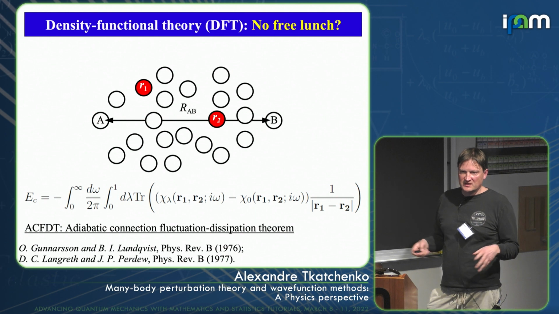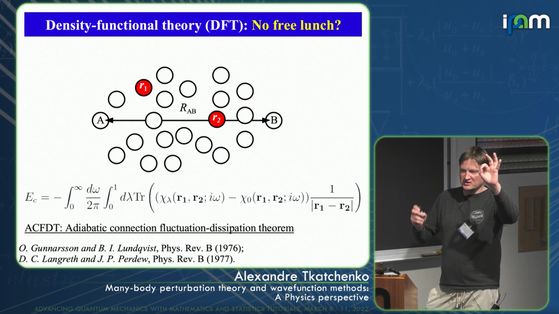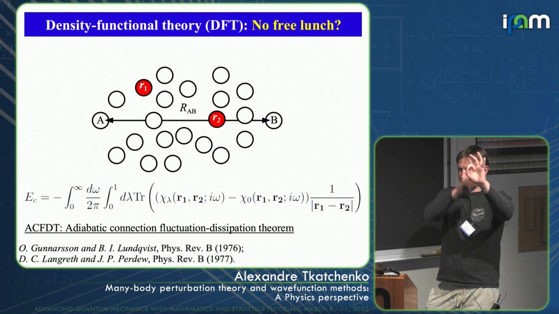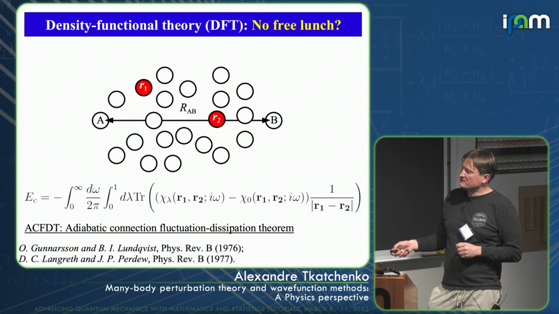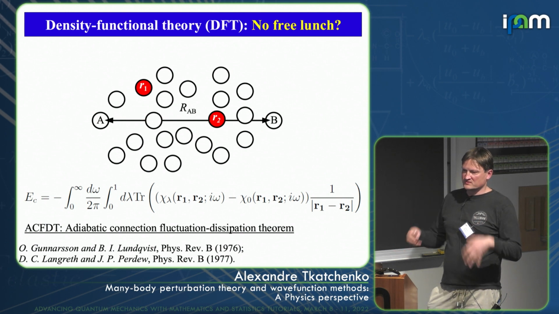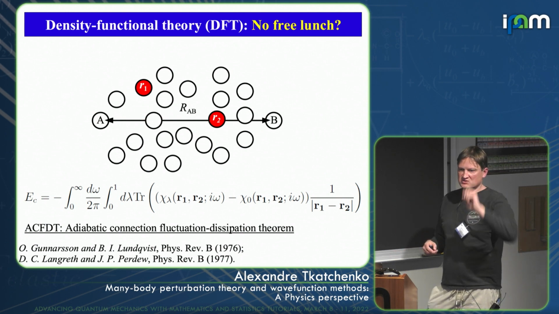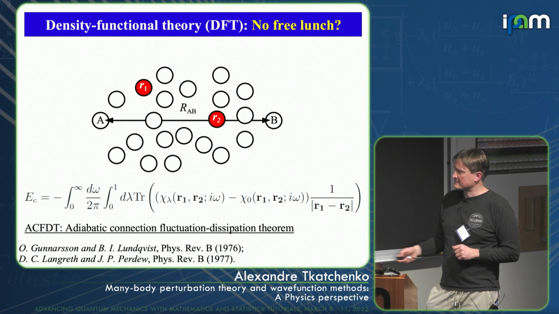Non-interacting means that you change the potential here, and the density changes without seeing all the rest of your system. So this is just based on mean field orbitals. And the interacting function means that all the other electrons actually respond to this change of potential at point R1.